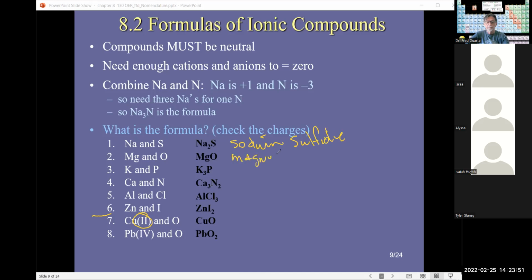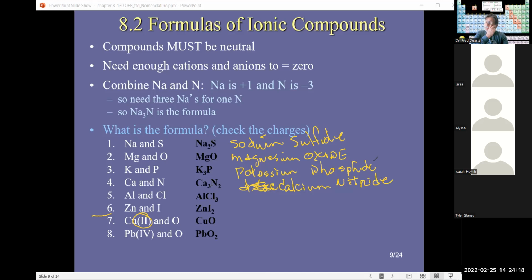Magnesium oxide. Potassium phosphide. Calcium nitride.